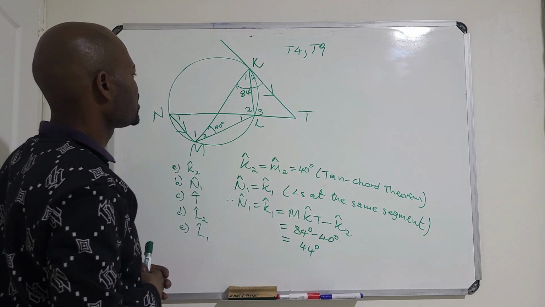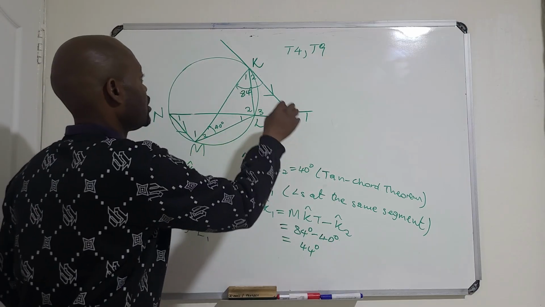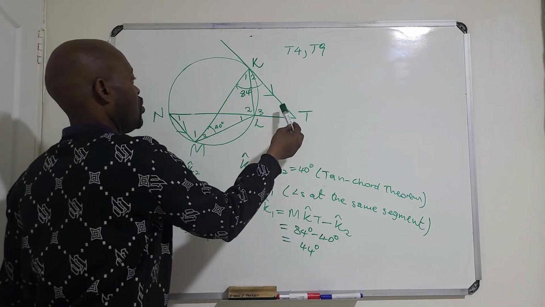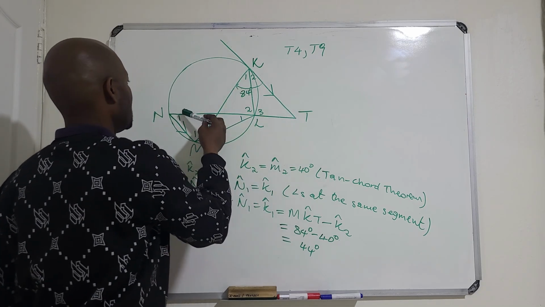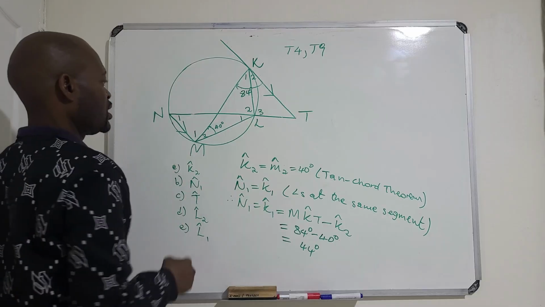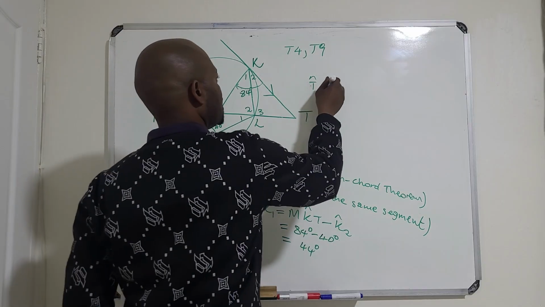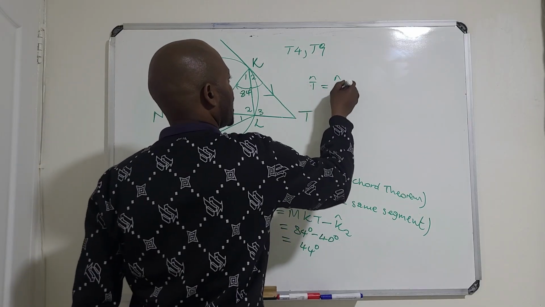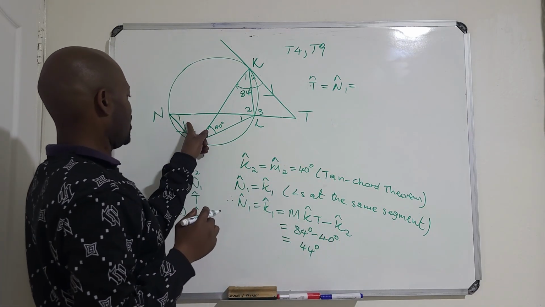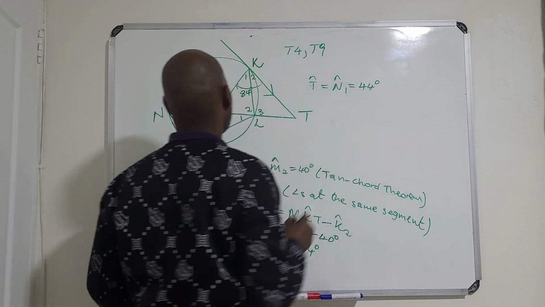Therefore, it means that there's an N shape here, or a Z, where this angle is equal to that angle there. Therefore, angle T is equal to angle N1. I'm just going to write that here. Angle T is equal to angle N1. We've just said it, that it is equal to 44. Therefore, this is 44 degrees.